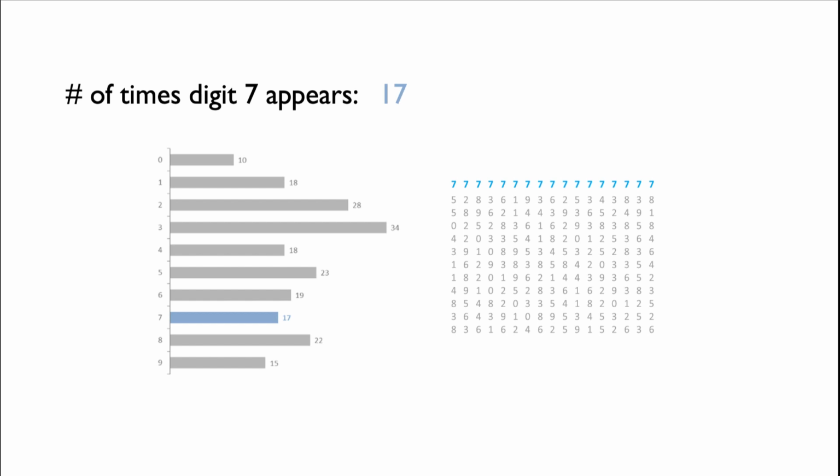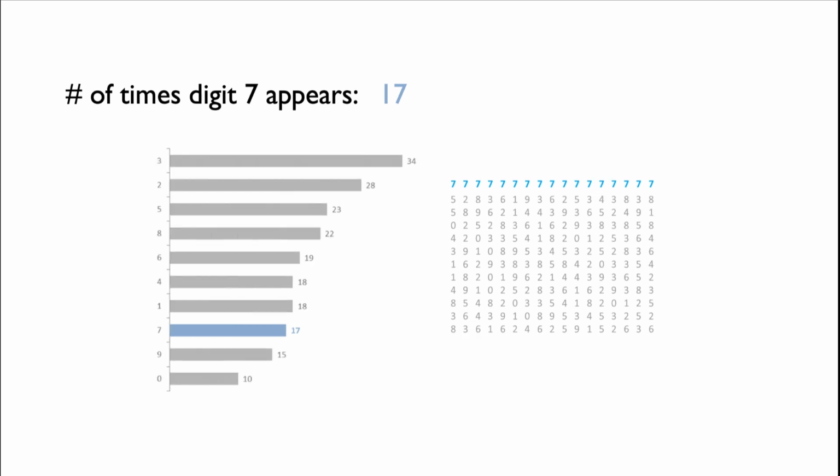For example, we can see now that the 7 are on the third from the bottom. We can answer questions like what are the top 3, or what are the bottom 3, or what is the second most. These are very easy to see and answer quickly and accurately from the graph.